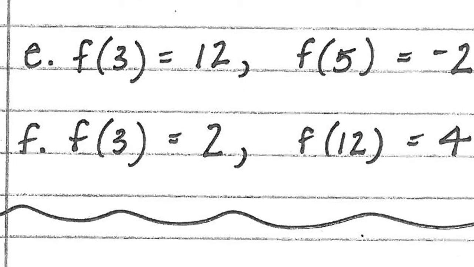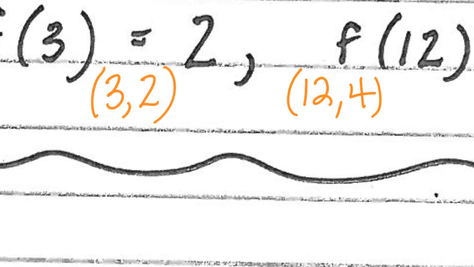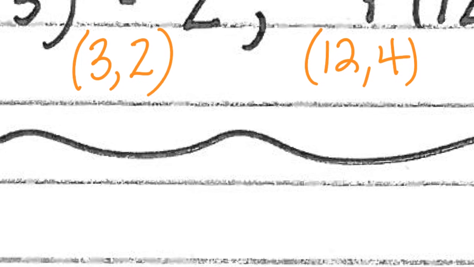Notice on some of these, they just give us 2 points, so we do have to actually find the slope. I'm going to do this example right here, example F. This point is at 3, 2, and my next point is at 12, 4. So they're saying f of 3 is 2, that point is 3, 2, and f of 12 is 4. So from here, I do have to do all the work.